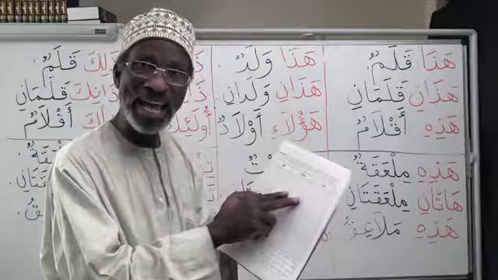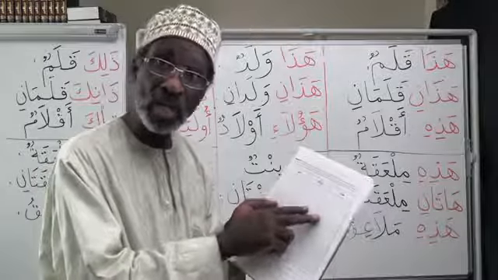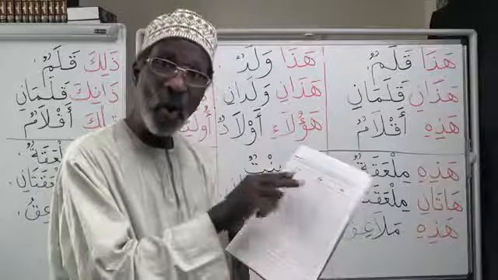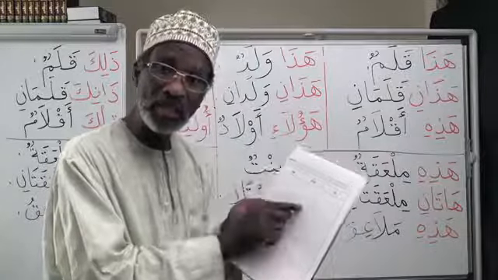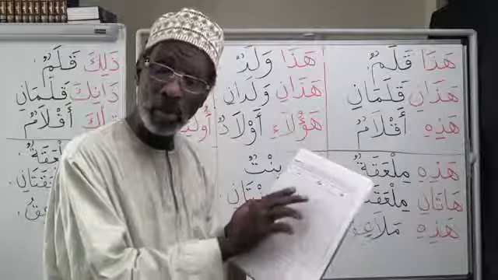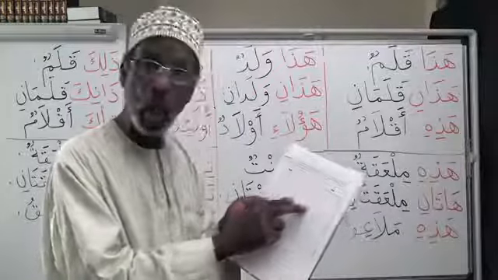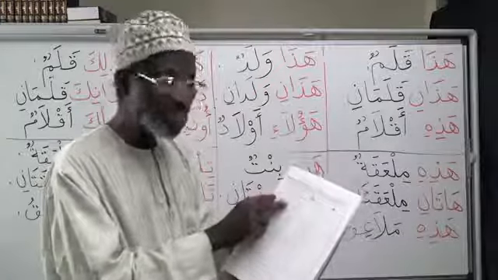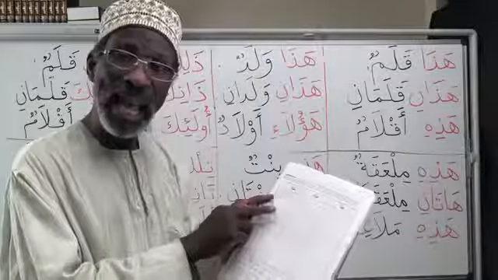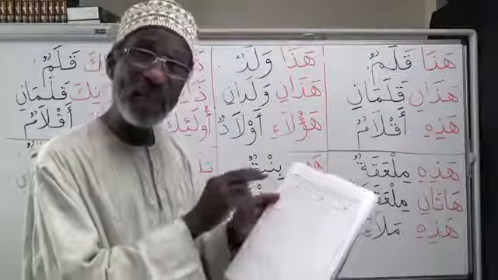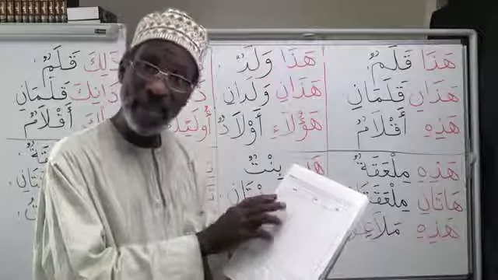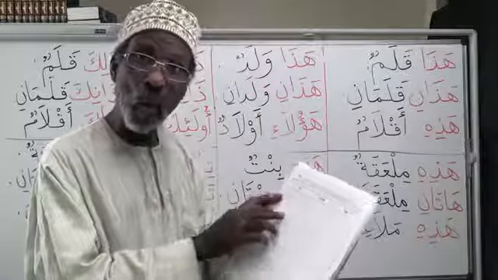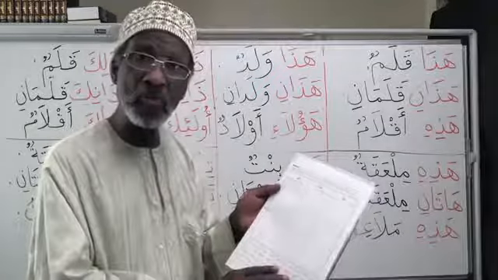Under هؤلاء, this means these, only human three or more in a plural will come under this column. But under هذه, you collect everything which is singular feminine, as well as all non-human plural.